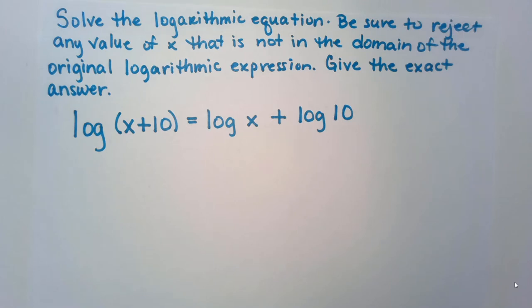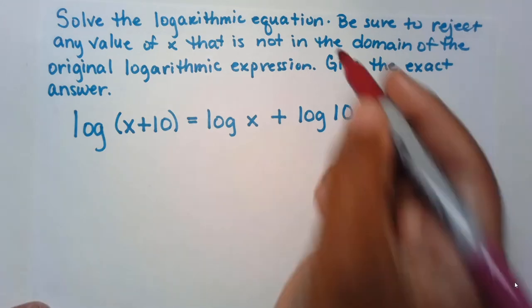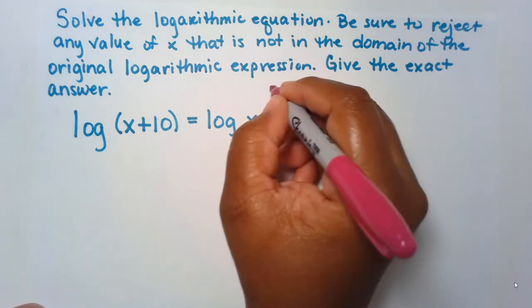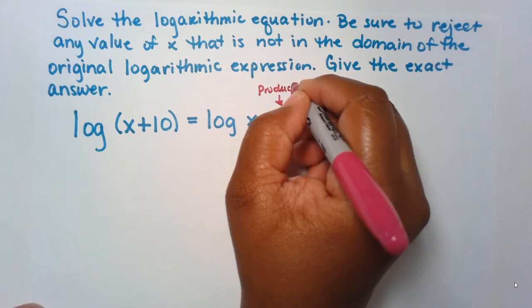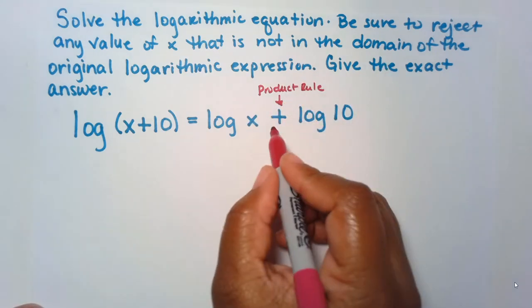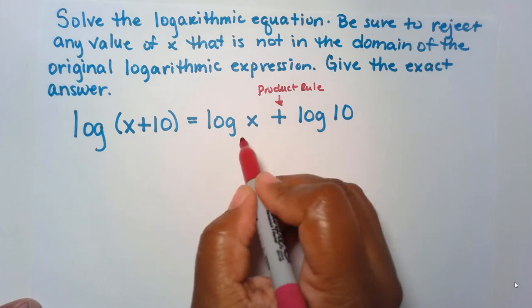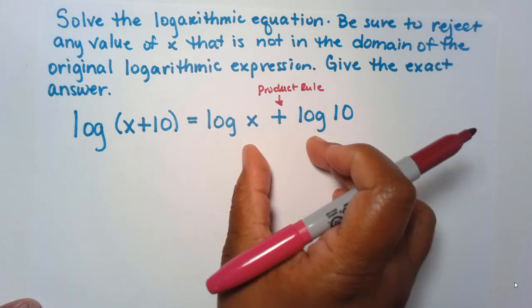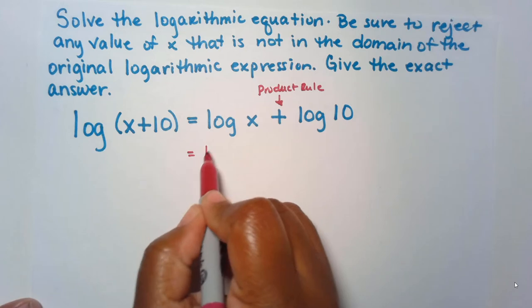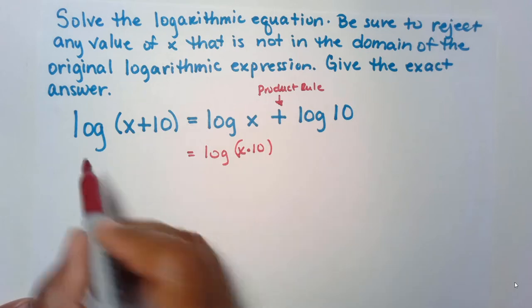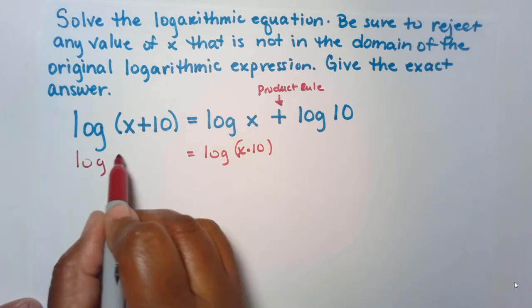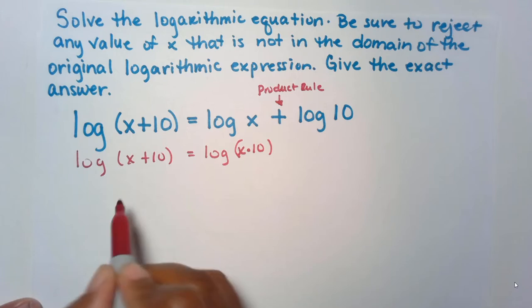Therefore, let's go back to our properties of logarithms. We have the product rule, we have the quotient rule, and we have the power rule. Well, because this is a positive, we're going to be using the product rule, because we're adding two logs together, we can condense this down to one log, where it will be log of x times 10, and that is going to be 10x.